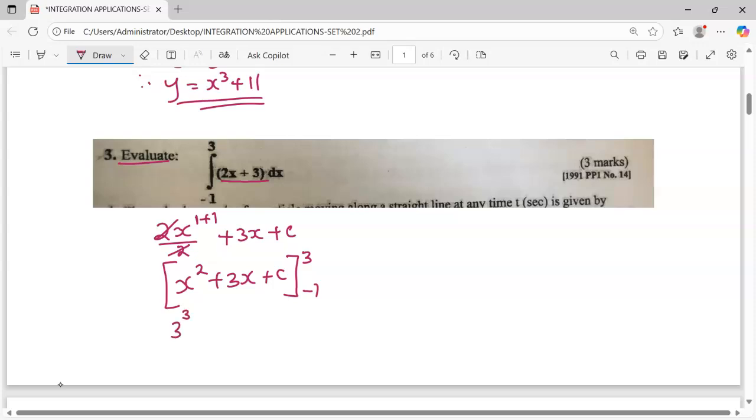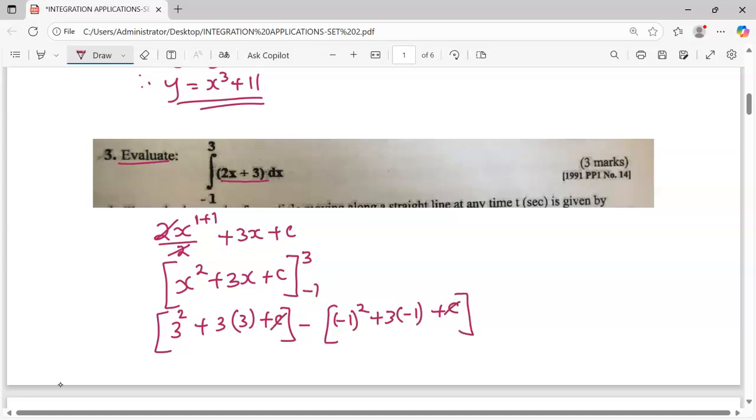So 3 squared plus 3 times x, x is 3, plus of course c, minus, we are going to have the value of x, which is -1. This -1 is squared, plus 3 times x, which is -1, plus of course c.